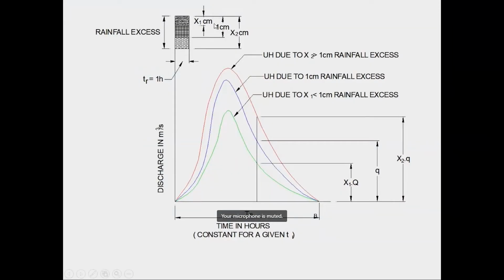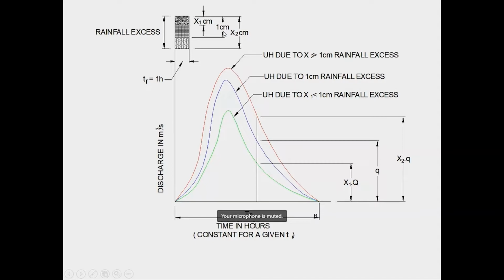The same thing has been explained in this different color. Consider this 1 centimeter. This is the unit hydrograph. This is 1 hour, so this line is 1 centimeter. This period is 1 hour. So this 1 centimeter rainfall has been shown in blue color.